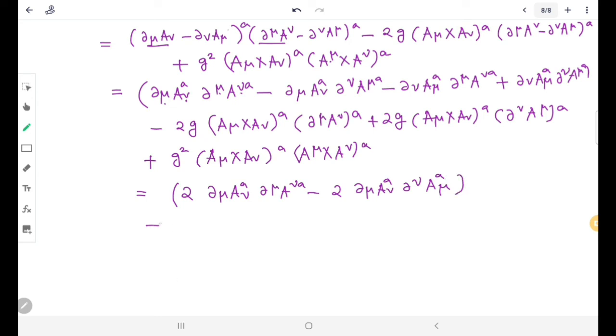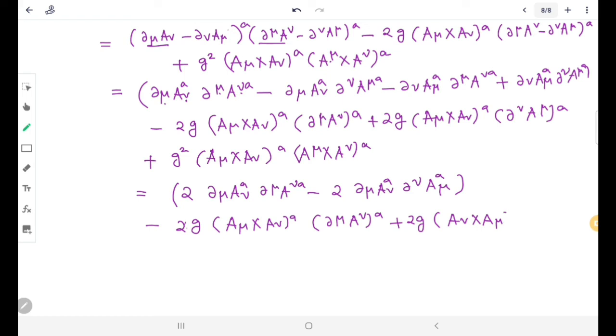Okay, and the other term will be how much? This will be 2g. So nu mu. So what we can do here, we can just change the indices. So this will be actually 4g. So minus 2g here, and a mu cross a nu and a, and then partial mu and a nu a, and here we just interchange the indices.